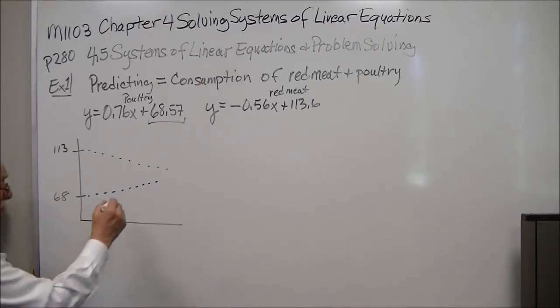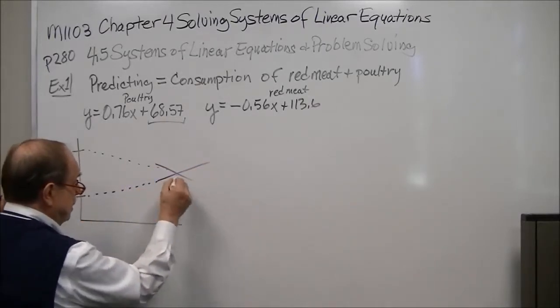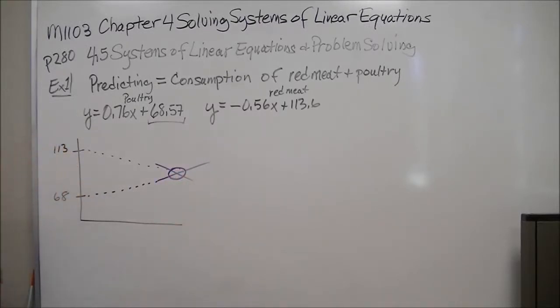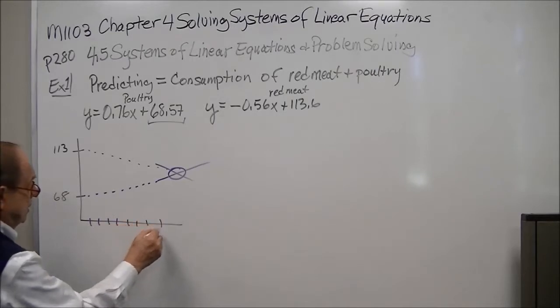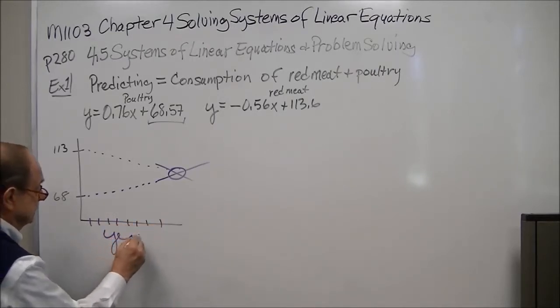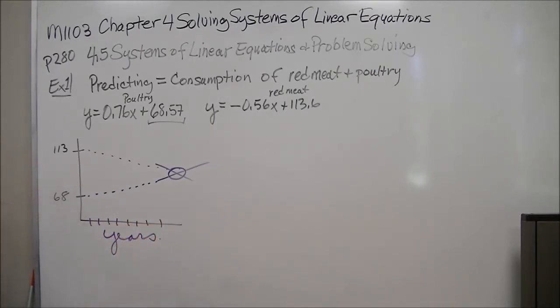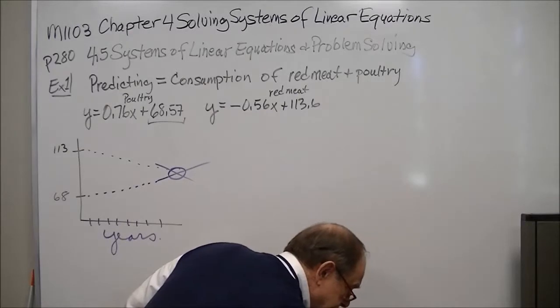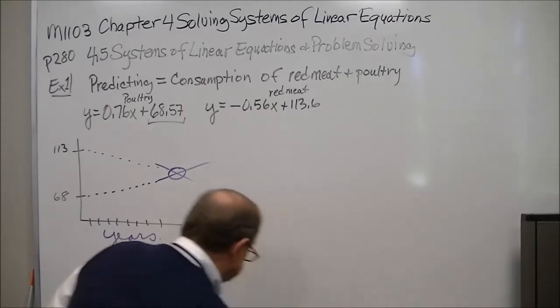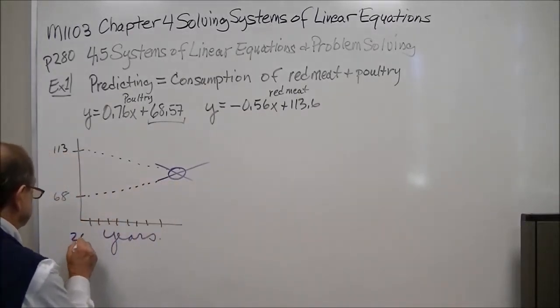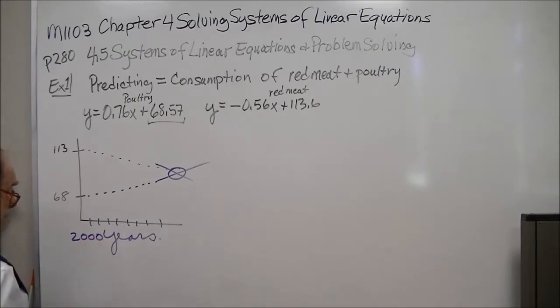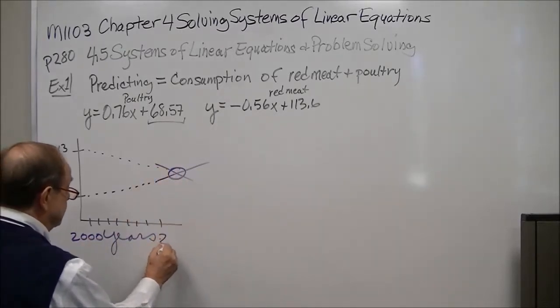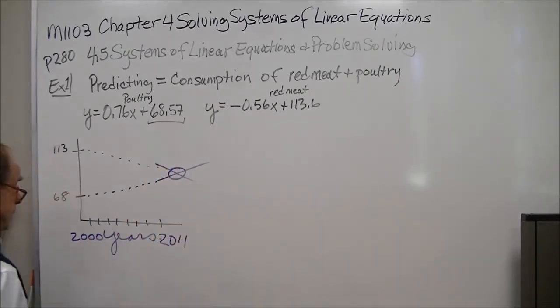So we're looking for a time where these are going to intersect, because down here we have years. So again, we don't know when the graph starts. Let's see, it starts in the year 2000. And we have data up to like 2011 or so.